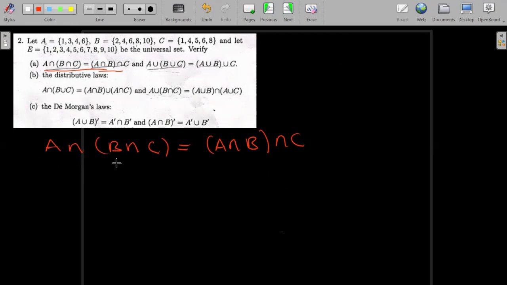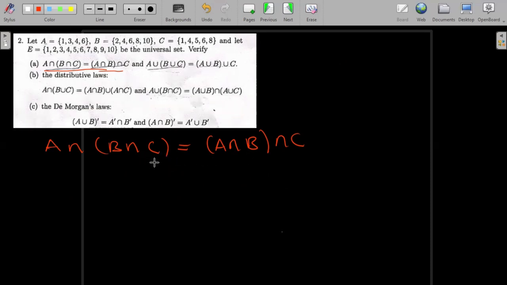This is the associativity. This just means that I can either start with B intersect C here, then intersect it with A, or I can intersect A intersect B, then intersect it with what? With C. This is the associative rule.